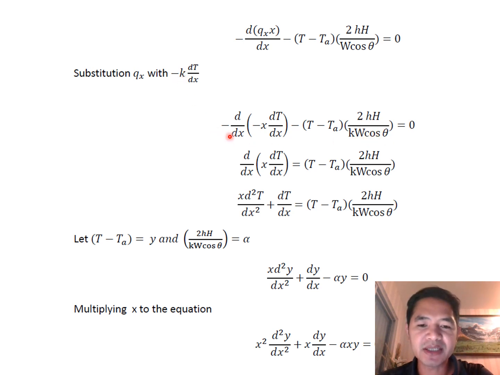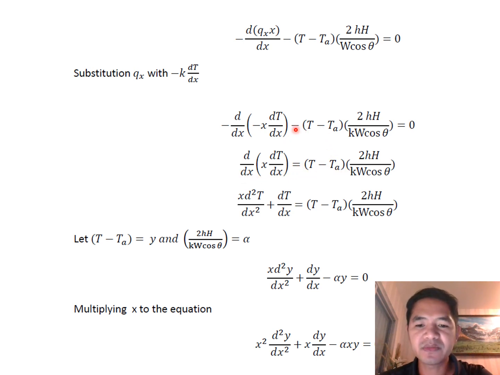We're going to get minus d over dx of (minus x dT over dx) minus (T minus T_a) times this constant term, equal to 0. The minus sign becomes a plus sign, so d of (x dT over dx) over dx equals the constant times (T minus T_a).